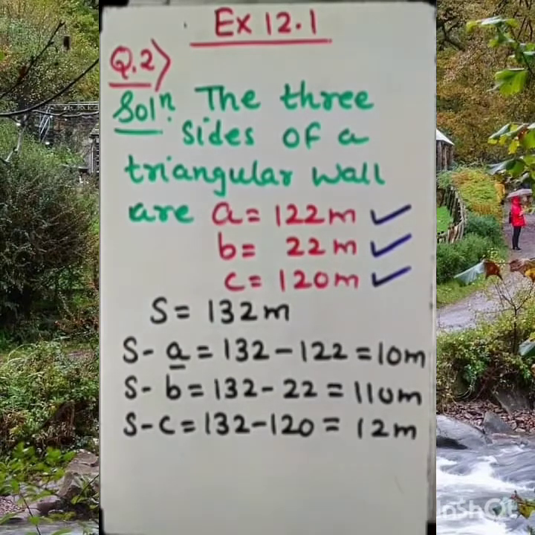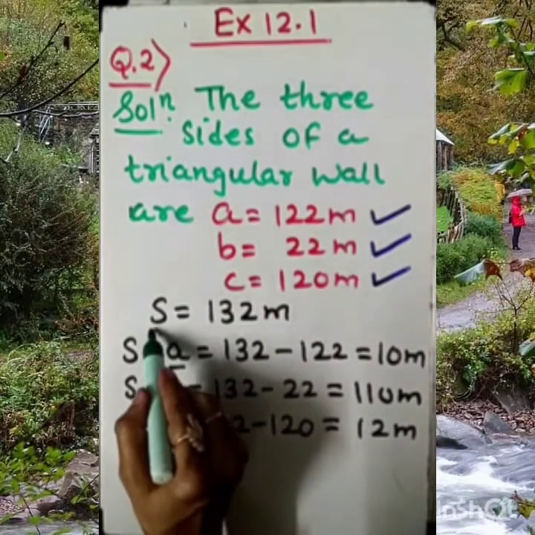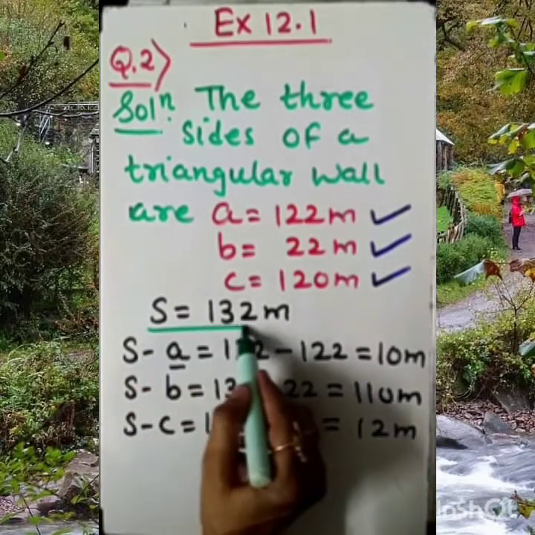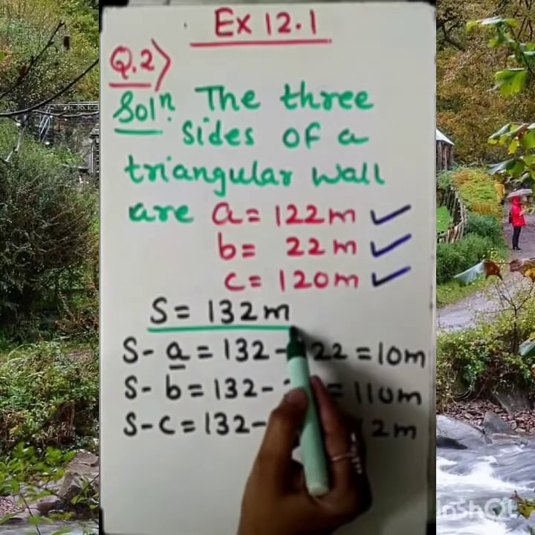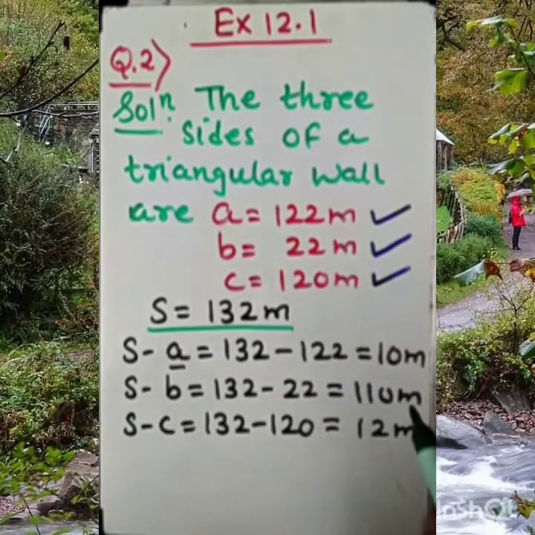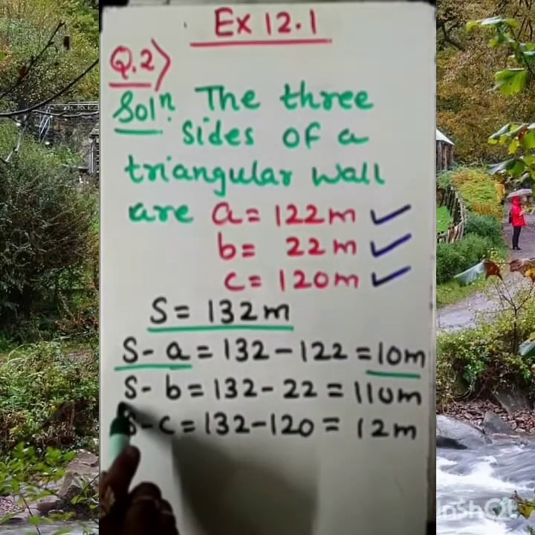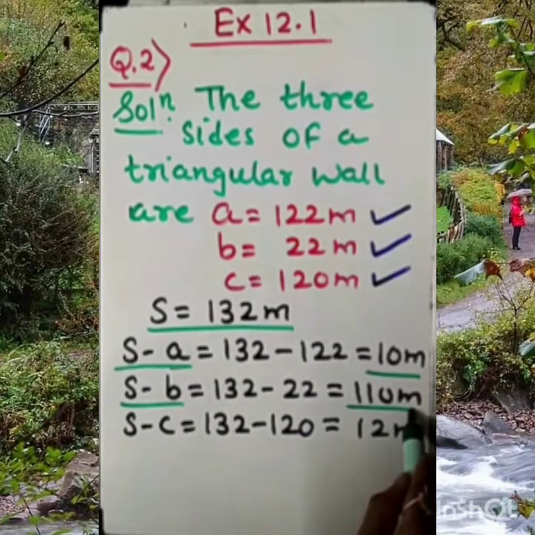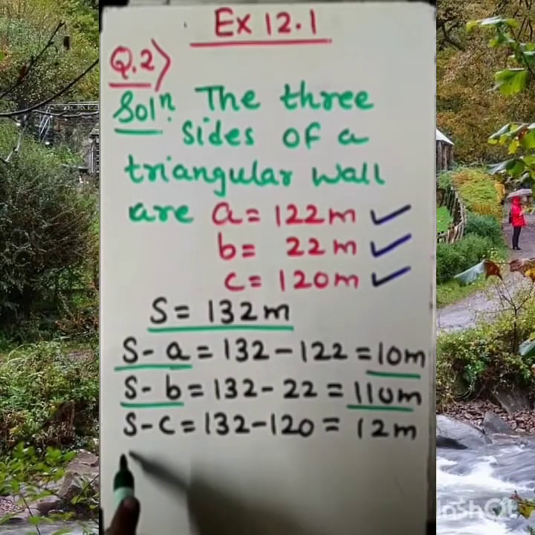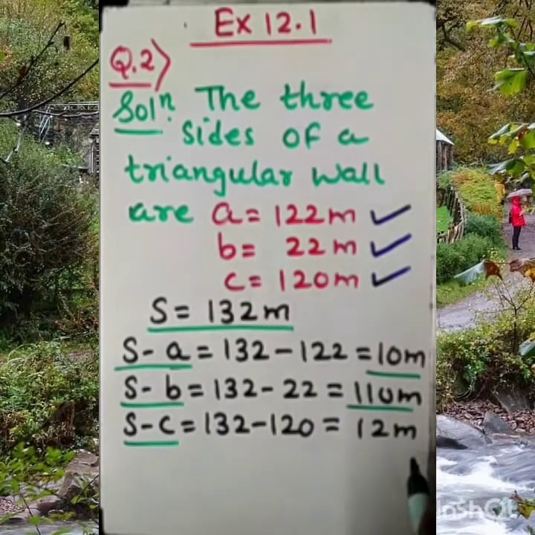So my dear students, these are the three important results which we are going to use in Heron's formula: s equal to 132 meters, s minus a is 10 meters, s minus b is 110 meters, and s minus c is 12 meters.